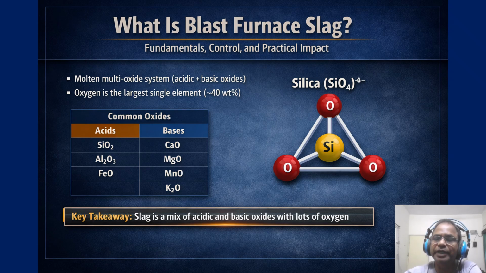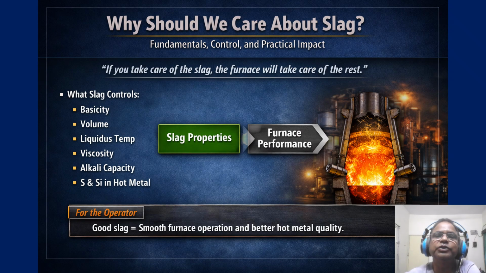Coming to our next slide: why should a furnace operator care about slag? Because slag controls almost everything that matters. It sets the basicity, that's the balance between acid and bases.